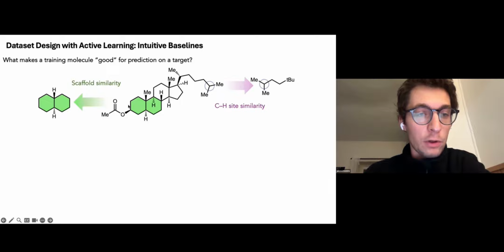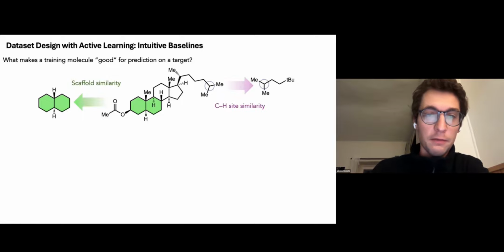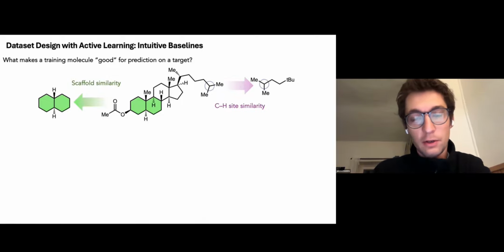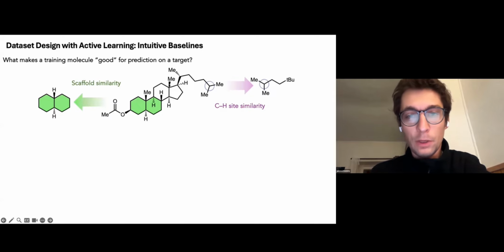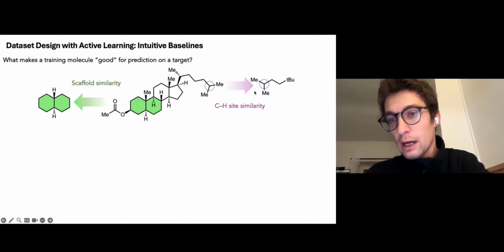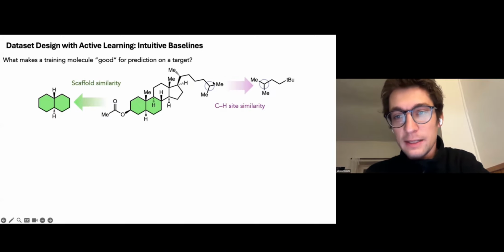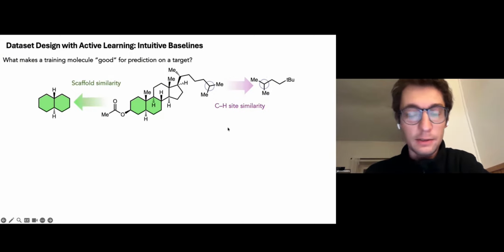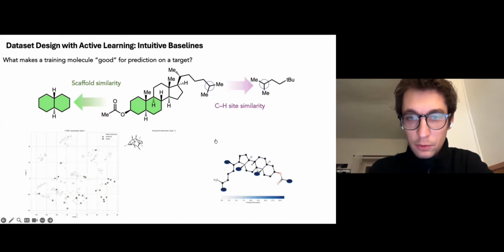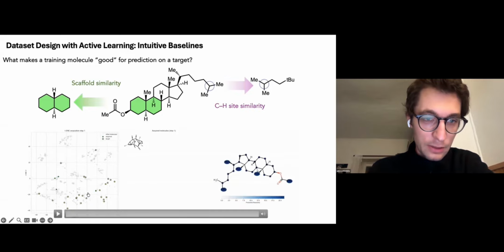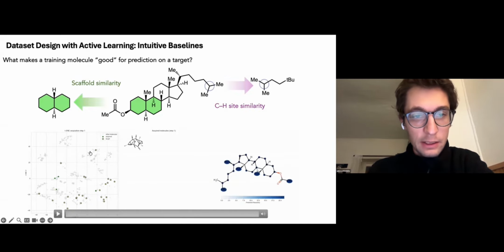And the first thing that comes to mind would be having small molecules that have scaffolds that are similar to that complex target, or having a small molecule where you have the site of the reactivity that are matching. And if you do that, you can see here the space in gray of the possible molecules we could test, and then the stars are the sites of our complex target.